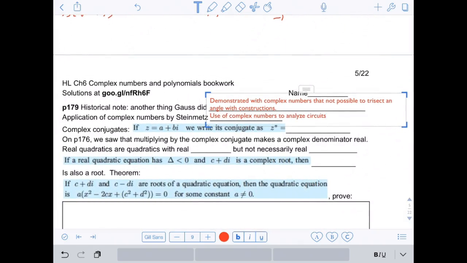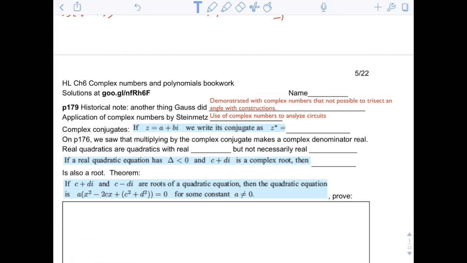Just like 100 years ago, or maybe 150 years ago, the first application of complex numbers by Steinmetz was that he used complex numbers to analyze electrical circuits. If you are going to be any kind of engineer, you will definitely take a circuits class, where you will analyze circuits with inductors and capacitors in them, which means you're going to push trig functions through them, and then you're going to have phase changes due to inductors and capacitors.